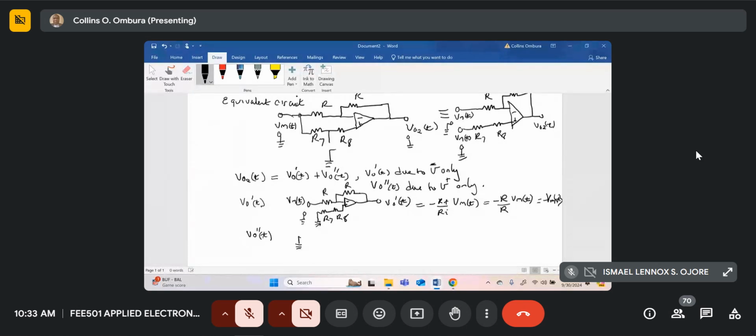We ground the first source, and then we feed Vm(t) to R7 and R8, because Vm(t) is with respect to the ground. So this is our non-inverting amplifier.